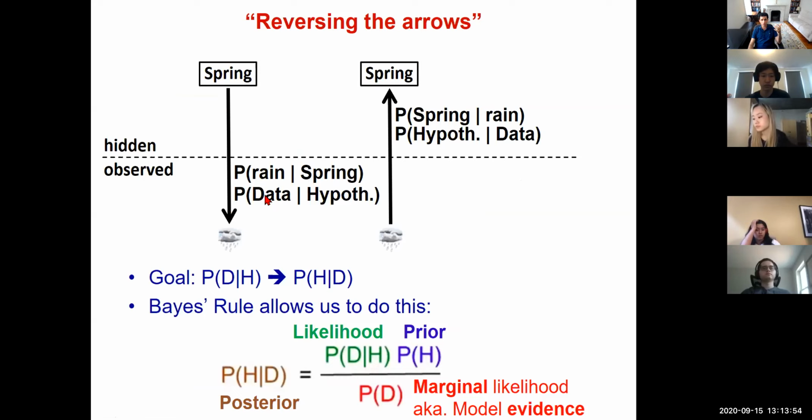Instead of saying, what is the probability of the data given that hypothesis, which is what our generative model gives us, we wanted to know what is the most likely hypothesis given the data. We did that using Bayes' rule, where we calculated the posterior probability using the forward probability, the likelihood, scaling that by the prior, and then dividing everything by the evidence or the marginal, so P of D.